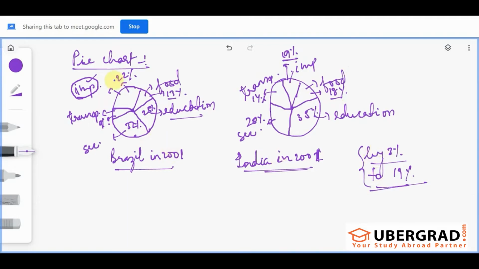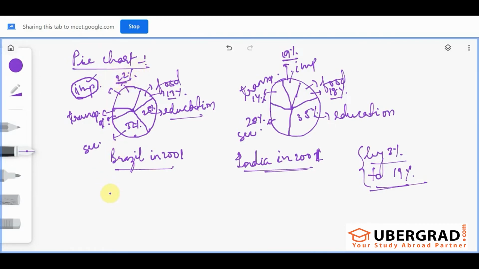Next thing is, whenever percentages are given to you in the pie chart, try to change these percentages into fractions. How do we change percentages into fractions? How can we write about this 22%?